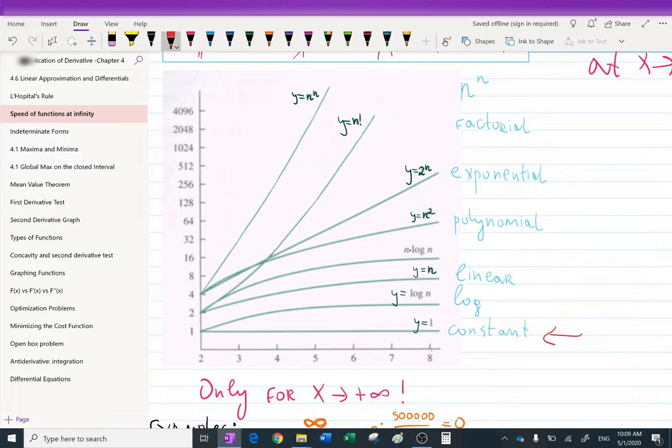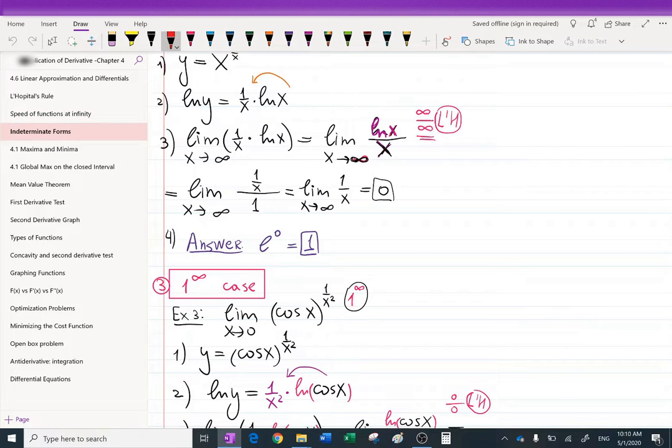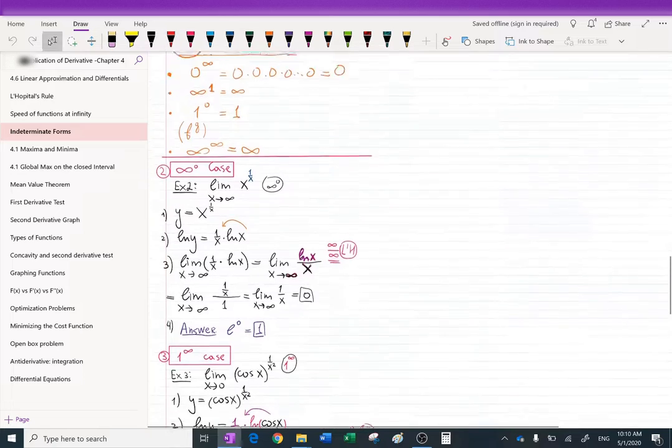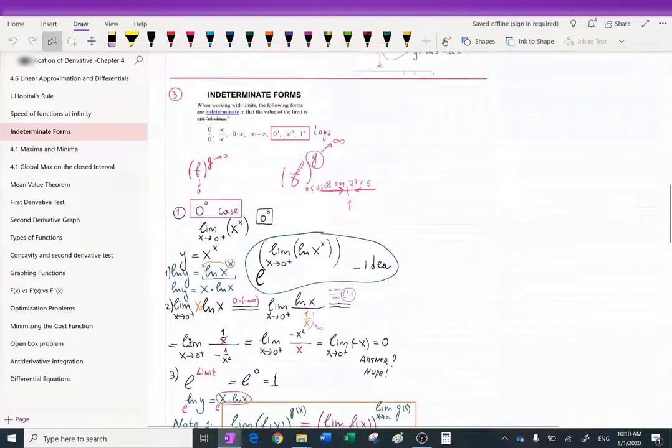Then log is faster than constant but slower than a linear function. Then polynomials happen. Then the exponential function is really fast. The factorial function, that's n factorial, is faster than exponential. And n to the n is even faster than that. That helped us to work with the intermediate forms chapters when we had three cases.